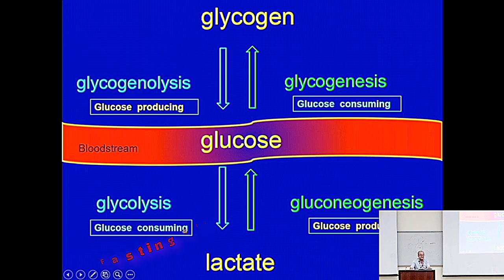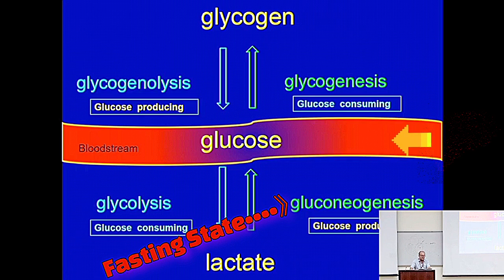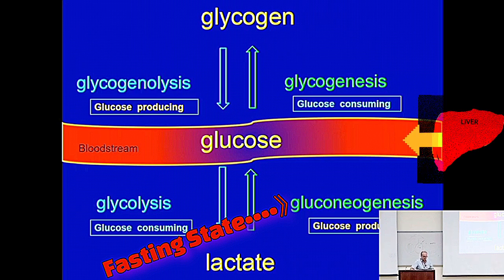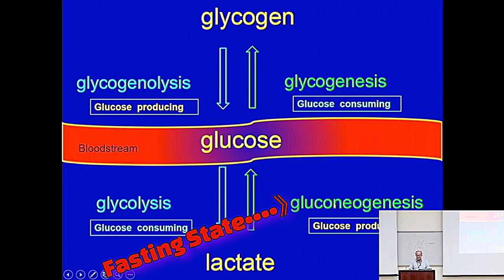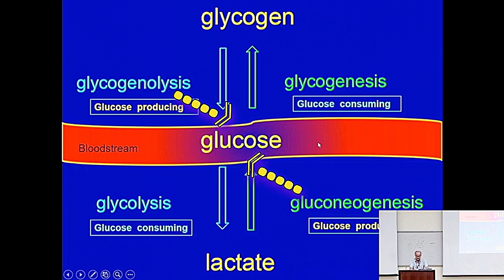That simply means the de novo synthesis of glucose from smaller precursors, smaller molecules, making a new molecule of glucose. So one source of glucose is breakdown of glycogen. The other one is de novo, or new, glucose synthesis from smaller molecules. Both of these will contribute to restoring blood glucose to its normal level. Okay?